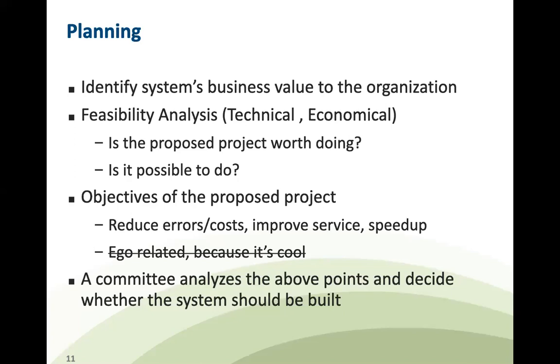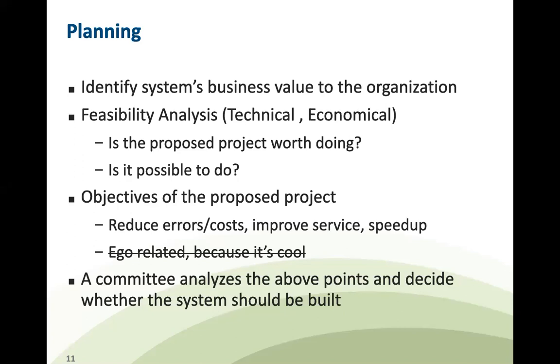So the objectives of the proposed project should be to reduce errors or costs, improve your service and speed up the processes. It should not be ego related, since it's cool. I mean, some people believe that having information systems is some privilege.